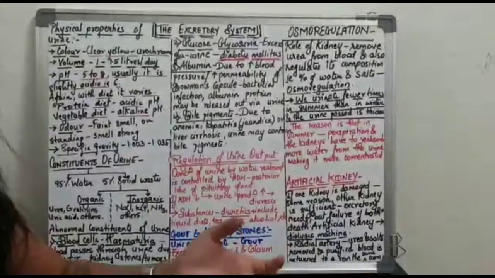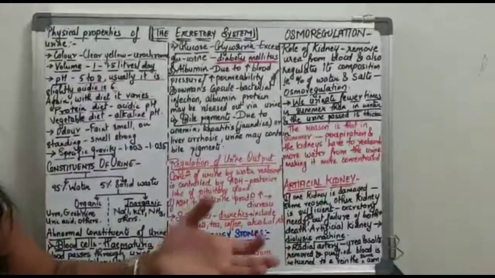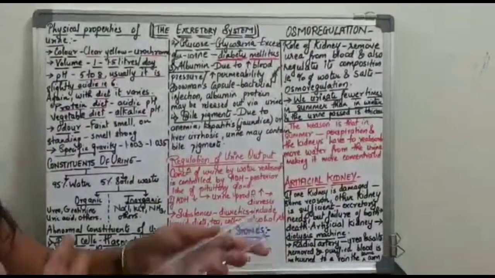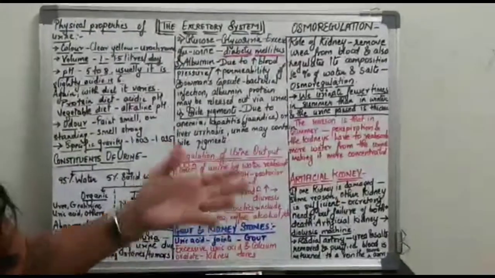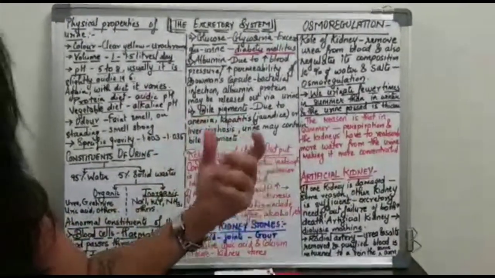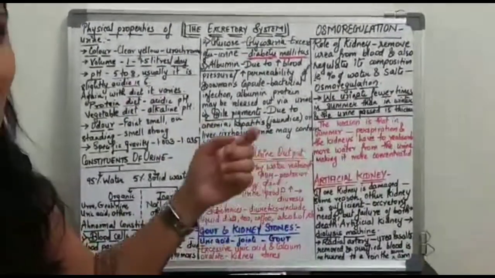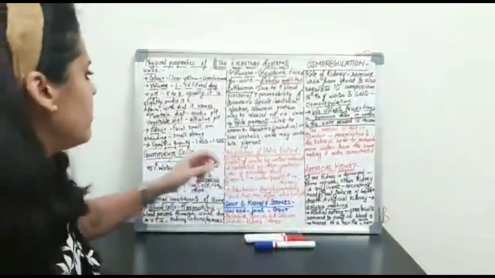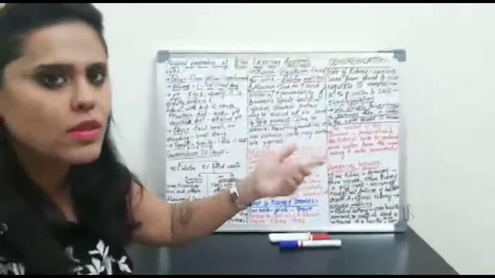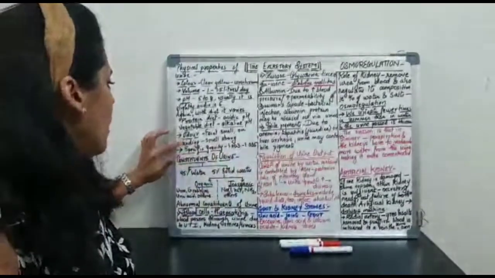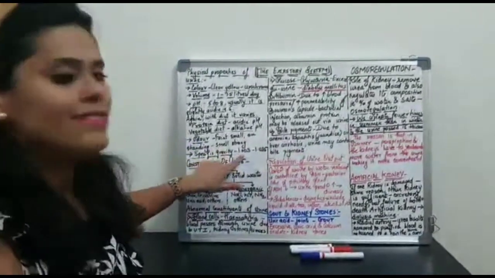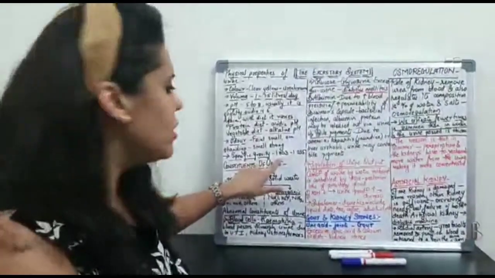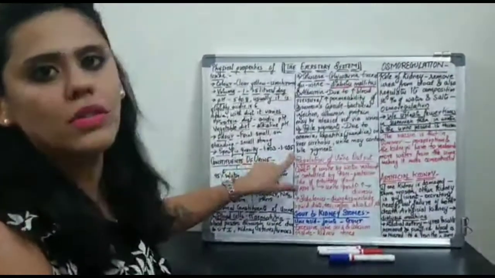Okay, that urea, uric acid, all these products, they stink, they smell. So on standing for long hours, definitely you can get the bad odor from these products. And why is that so? That is because of the bacterial contamination from those substances. Specific gravity, it lies in the range of 1.003 to 1.035.